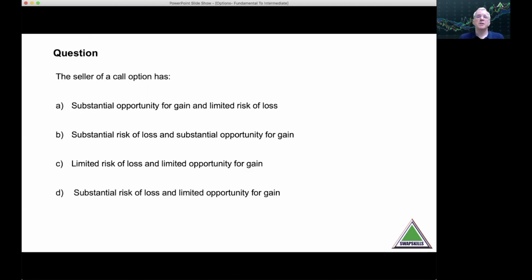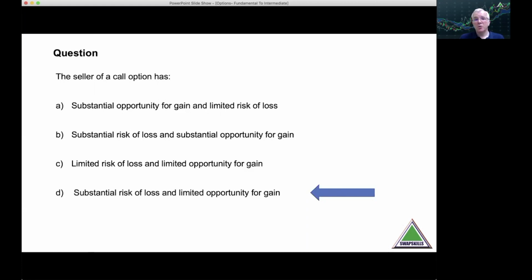Now, this is also related to what we just looked at, the seller of a call option. Which of these four alternatives do you think relate to the seller of a call option? And let's take a look, and it is for a substantial risk of loss, limited opportunity for gain.